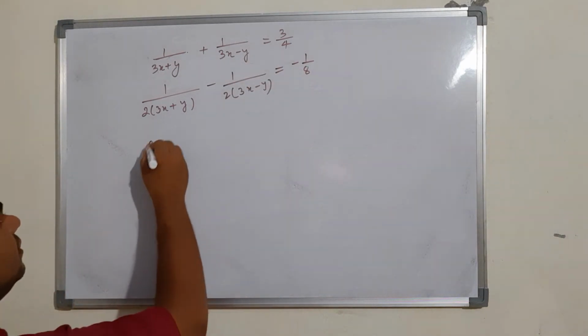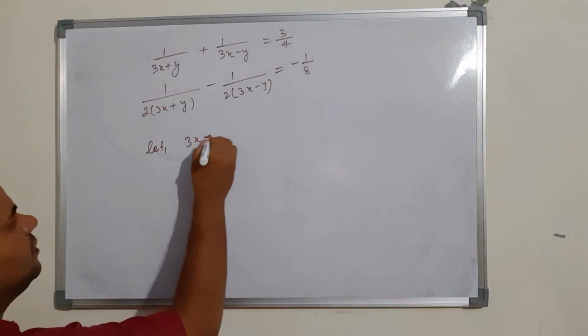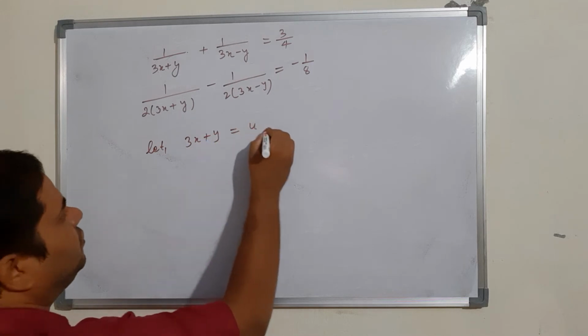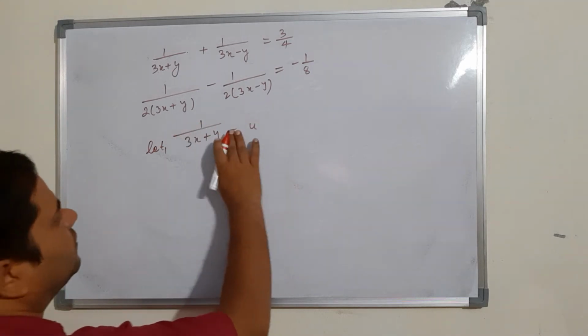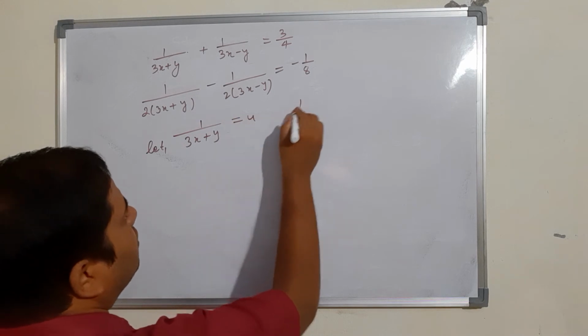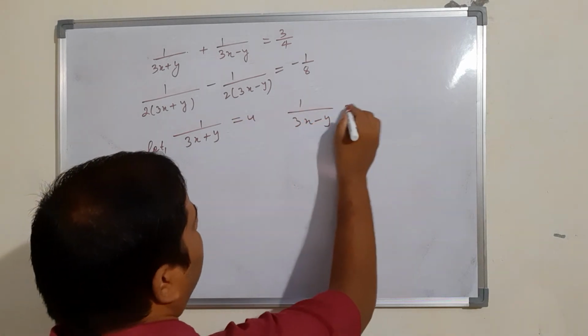Let 1 upon 3x plus y is equal to u. 1 upon 3x minus y is equal to v.